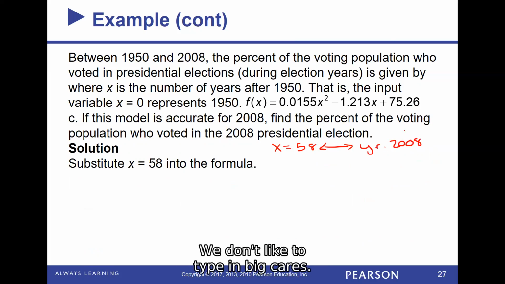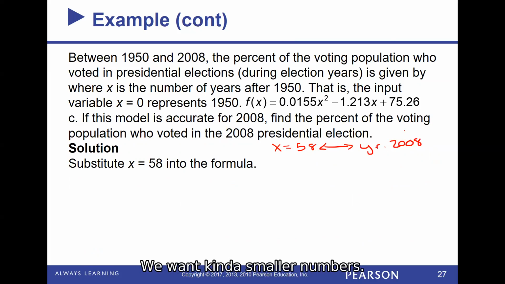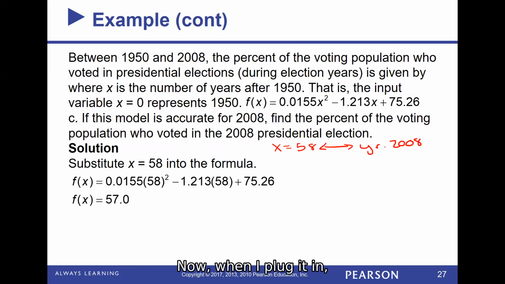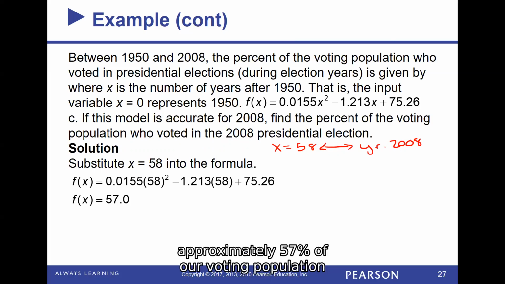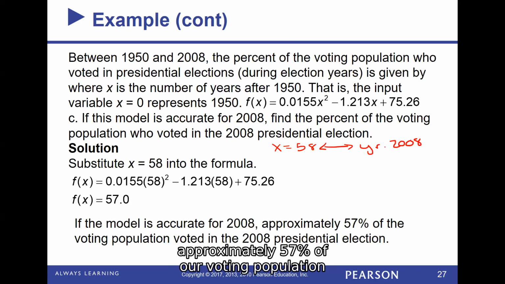Again, we don't like to type in big years, we want smaller numbers. When I plug it in, I end up getting 57. So if the model is accurate, approximately 57% of our voting population voted in the 2008 presidential election.